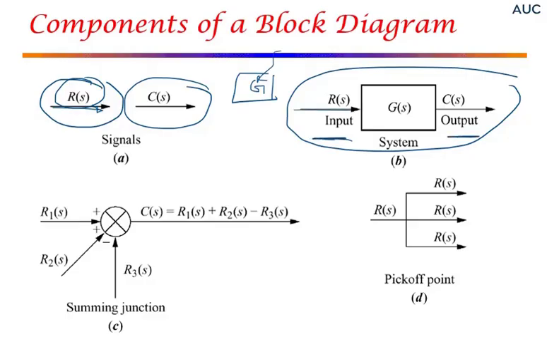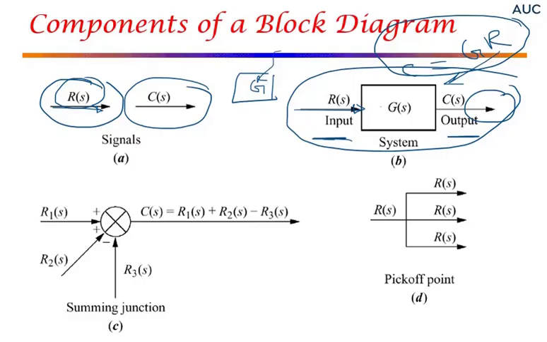So the direction of the arrow determines the direction of the input. So R is an input because of its arrow direction, and C is an output because it's coming out of the system. And we know that the relation between the output and input is that C equals G times R. So this is what we have here.